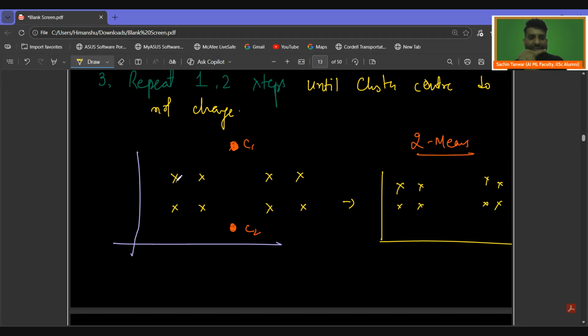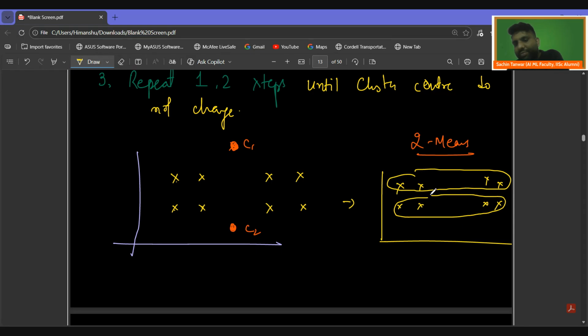So all these four would belong to the first cluster, and all the rest would belong to the second cluster. I can draw it like this. This would be the first cluster, this would be the second cluster. I found the membership.